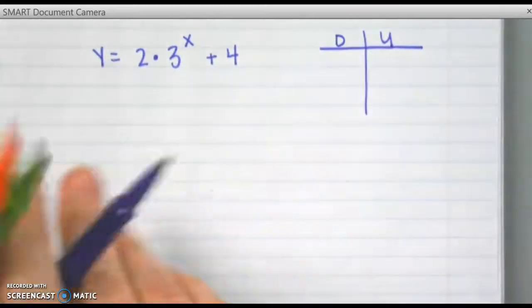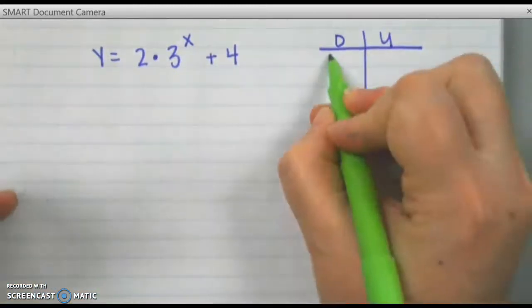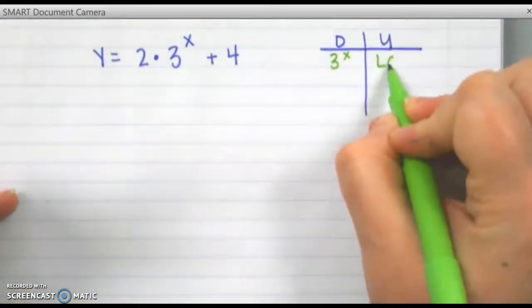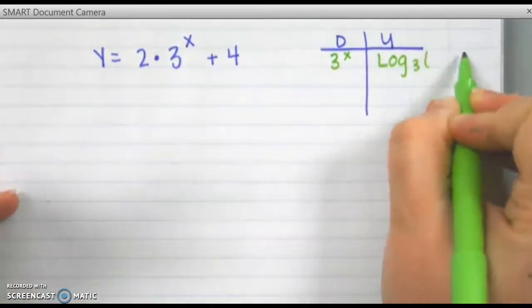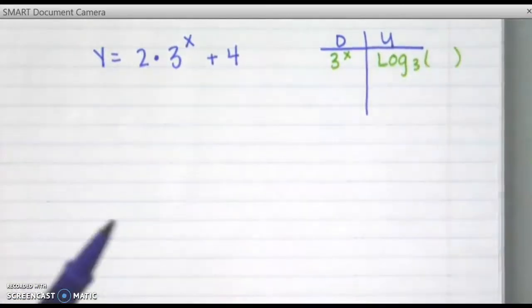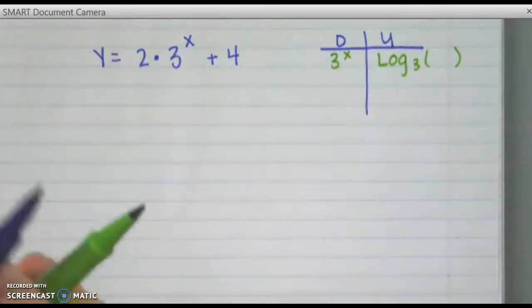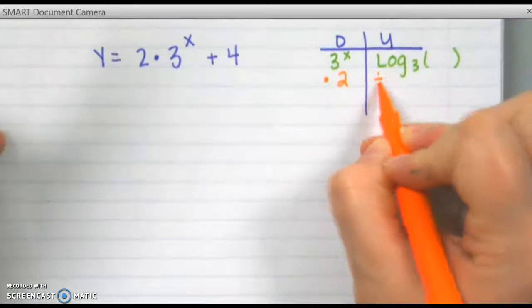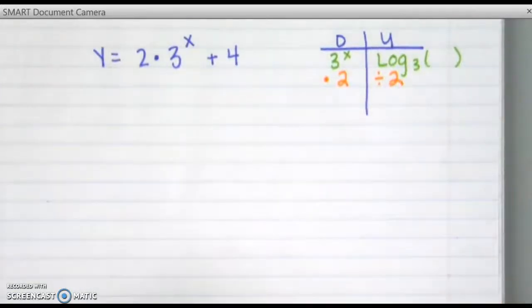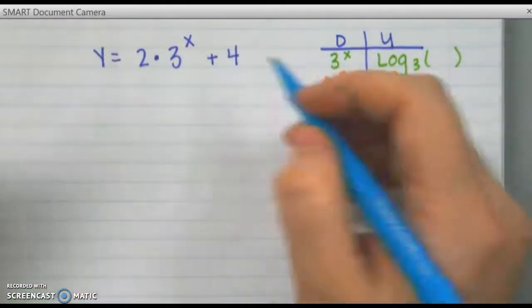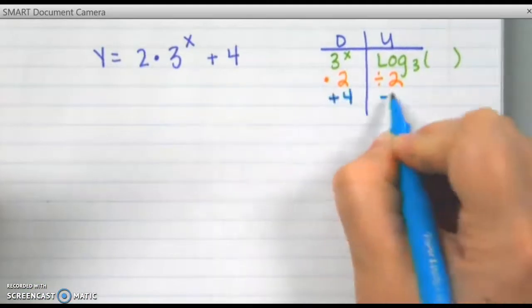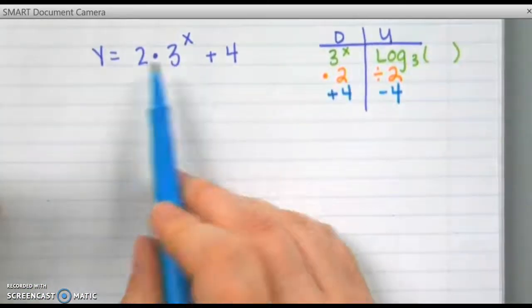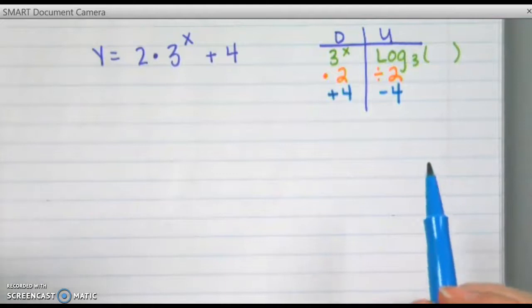I do have an exponent, so 3 to the power of x means I need log with a base of 3 to cancel that out. I do have multiplication, so times 2, divide by 2, and I do also have addition, so plus 4, minus 4. So exponents, multiply, and addition.